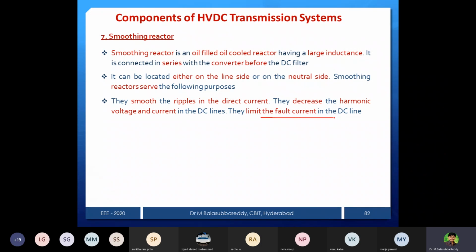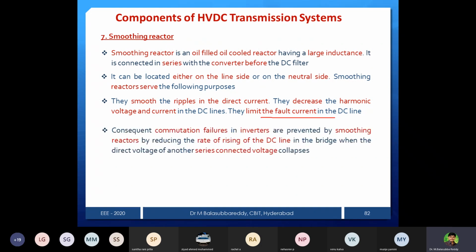They limit the fault current in the DC line, because if any fault happens, we can minimize that fault current using the reactor. That will not allow sudden changes. Consequent commutation failures in the inverters are prevented by smoothing reactors. This is also an important thing.